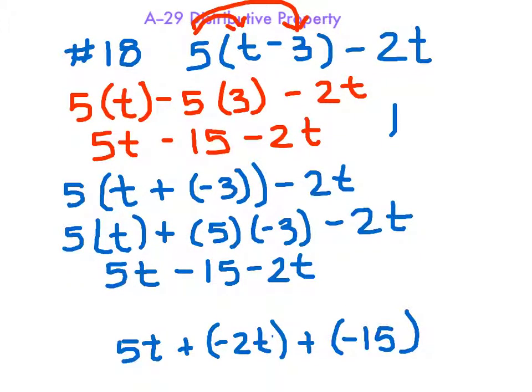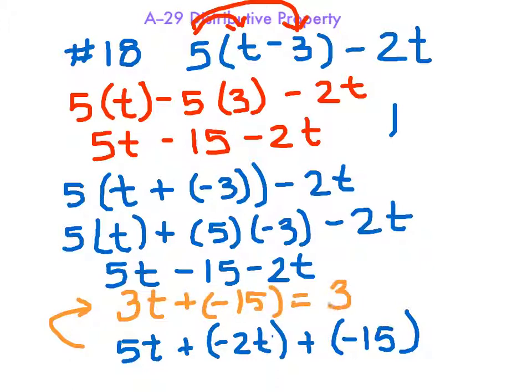All right, so now I collect up my like terms. I'm going to write it right there, my final answer. And I have 5t plus negative 2t, which gives me 3t, and then plus negative 15, which I can write as 3t minus 15. And that would be my final answer.